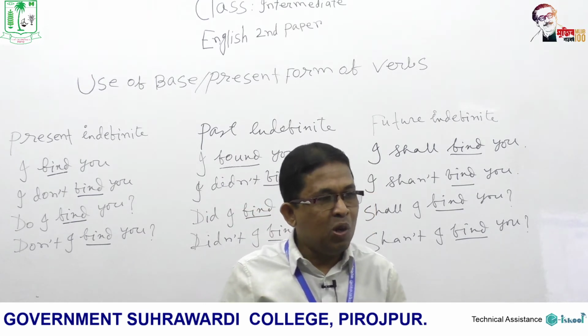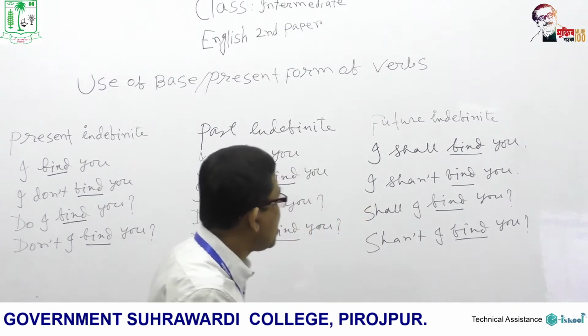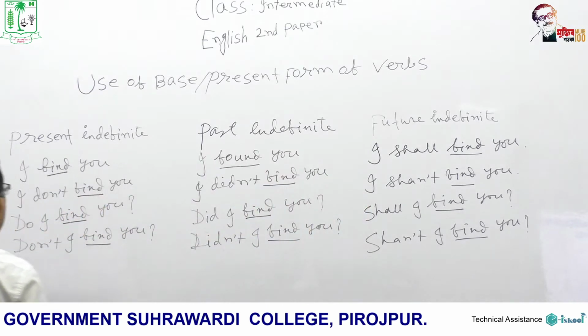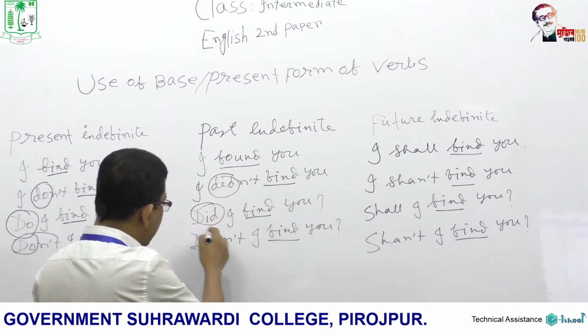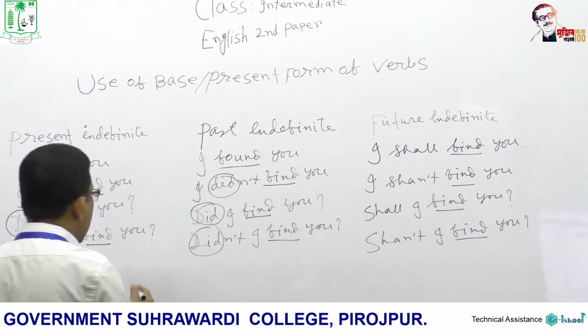of main verbs. We can just easily remember in this way what type of auxiliary verbs we have used here. Don't, we are getting do here. Then here is also do, and here also do, and again did, do, does.